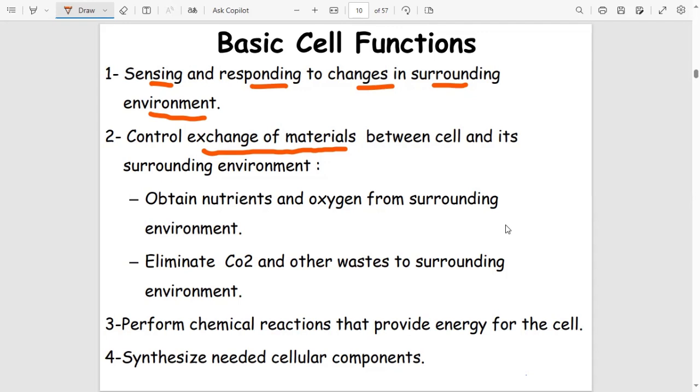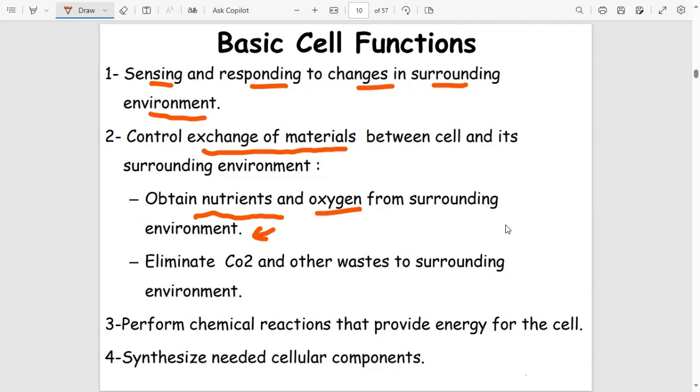They also obtain nutrients and oxygen from the environment. So when you eat, those cells in the stomach will be able to extract those nutrients from the food, and then they'll go into your bloodstream.